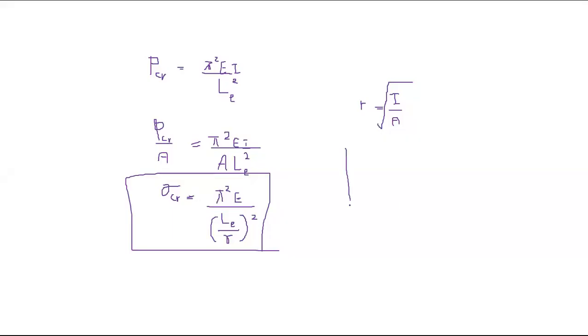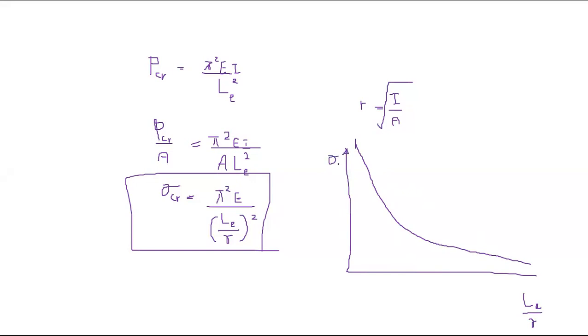It would look like this, right? When LE upon r is very low, you will have infinite buckling stress, right? That's what this curve tells you.